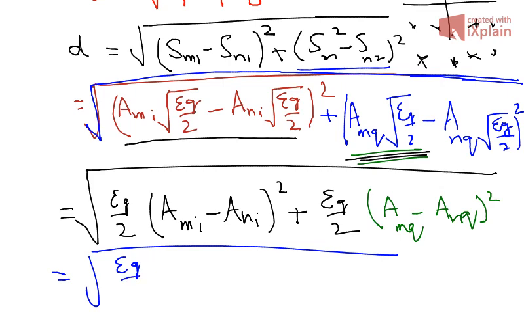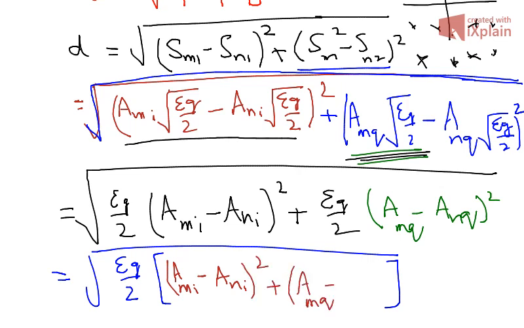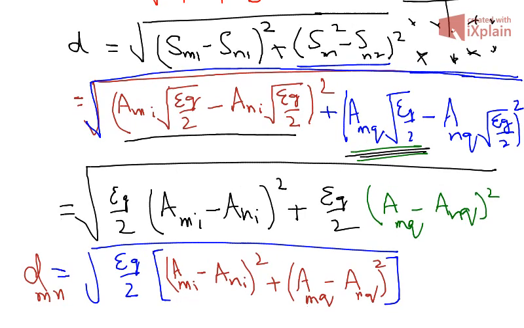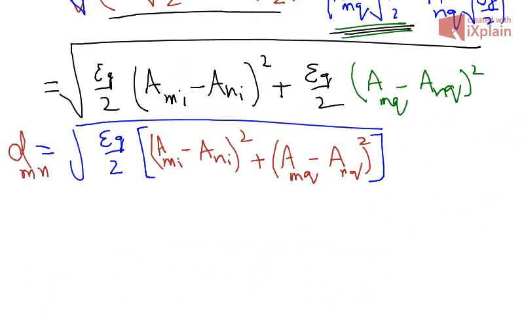EG over 2 can be taken common, and inside the bracket you have AMI minus ANI square plus AMQ minus ANQ square. So this is your Euclidean distance. We say DMN. This is the expression for the Euclidean distance. We just derived this expression.